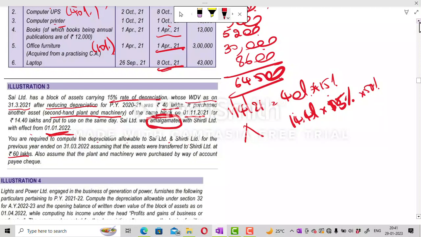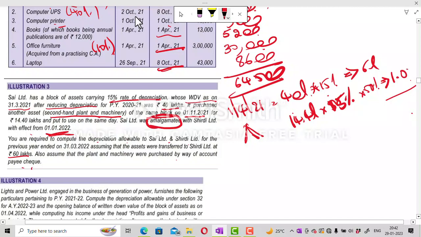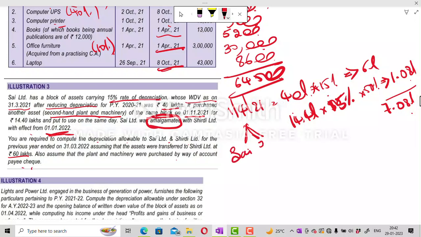Also assume that plant and machinery were purchased by way of account payee cheque. See, what I told, first calculate the total depreciation normally, then bifurcate it in the ratio of number of days. So 40 lakhs into 15%, 6 lakhs, 14.4 lakhs into 15% into 50%, that is 1.08 lakh. Total depreciation is 7.08 lakh. So what is the number of days for Sai and Shirdi, no?